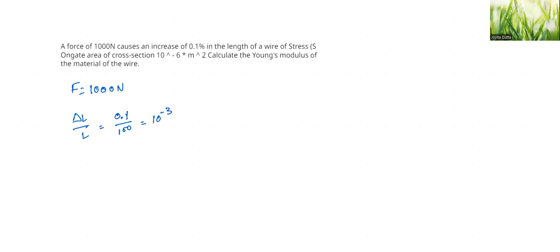Change in length, meter by meter, has no units. The area of cross section is 10 raised to minus 6 meter square.